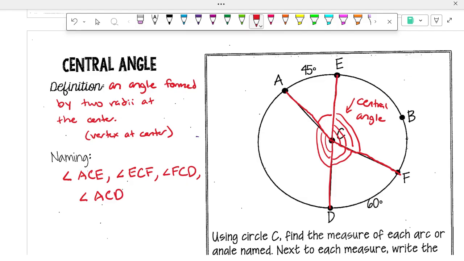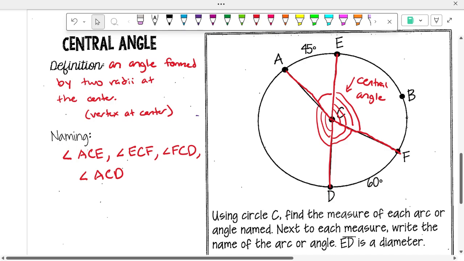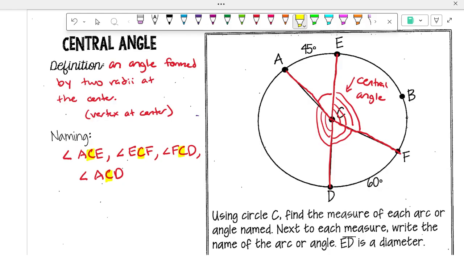All 4 of those angles that I marked, those are their angle names. Notice the common denominator is the middle letter is the center. Whenever you name an angle, because some of you were having trouble with this when you were doing your proofs, the vertex is always the middle letter, always. Besides that, it doesn't matter whether you put the other 2 on either side, but the middle letter has to be the vertex of the angle.